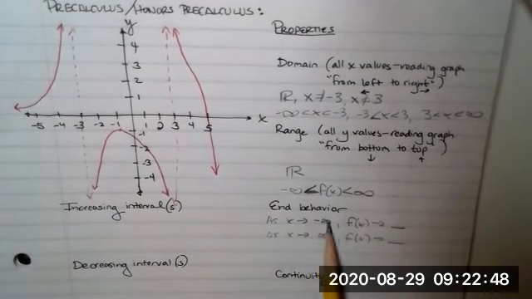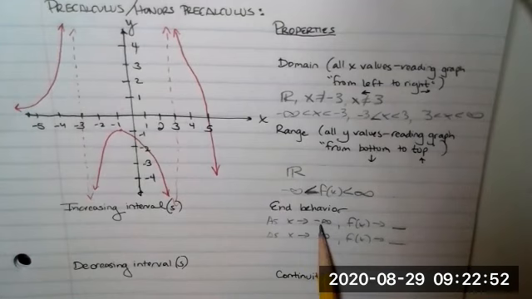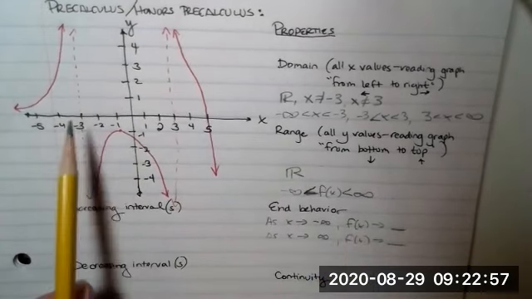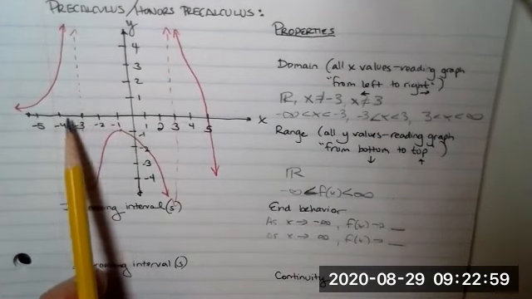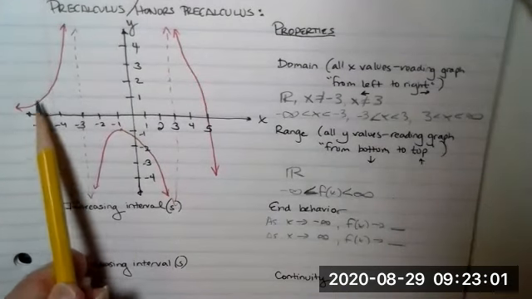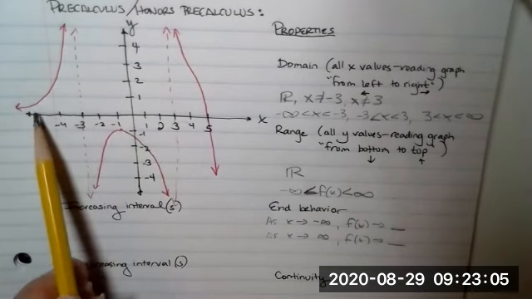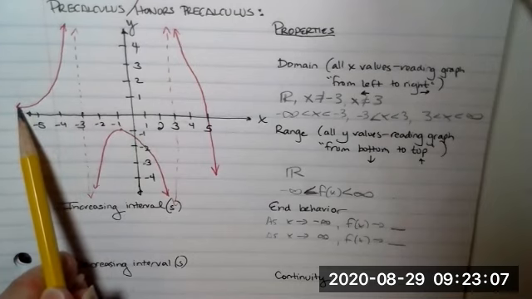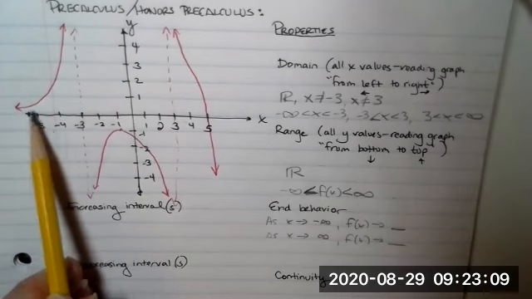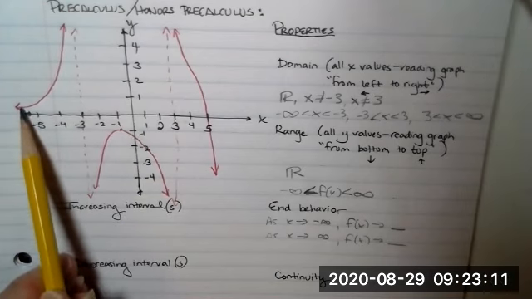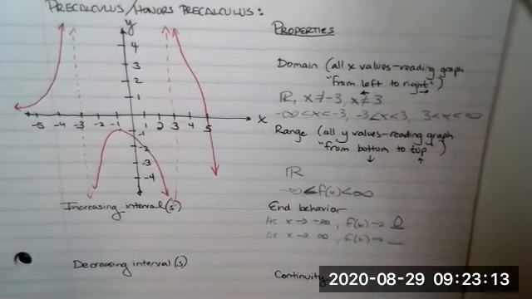This basically means as you go left forever, what is y doing? If you look at this graph and you go left forever, it looks like your y values are snuggling up to 0. You're getting closer and closer to 0. Maybe there's an asymptote there, we're not sure, but from the graph, it appears that f of x approaches 0.